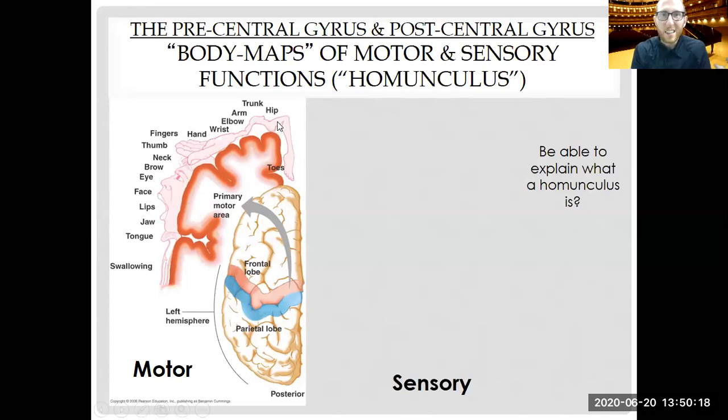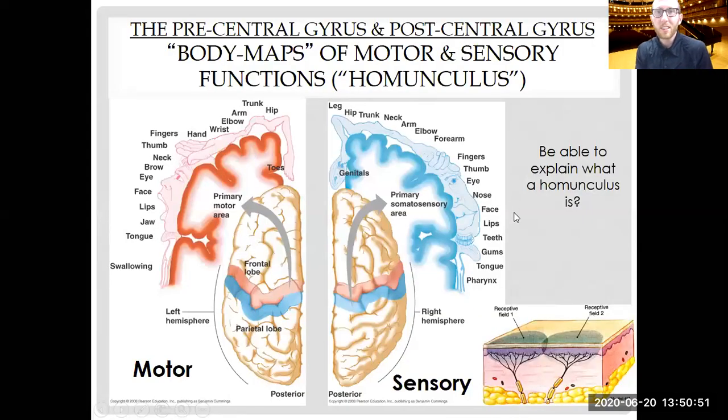But something like the hip or the trunk or the legs even, they're much smaller area because, yeah, you can definitely contract those muscles, but not as fine-tuned as, let's say, the face or the fingers.